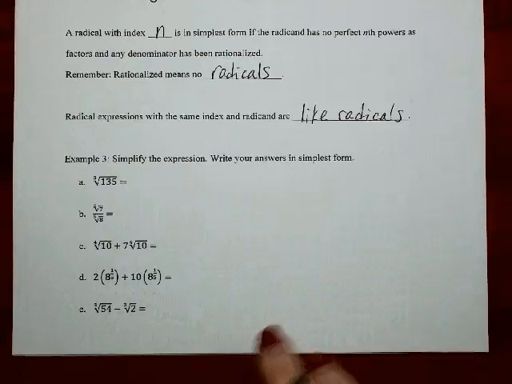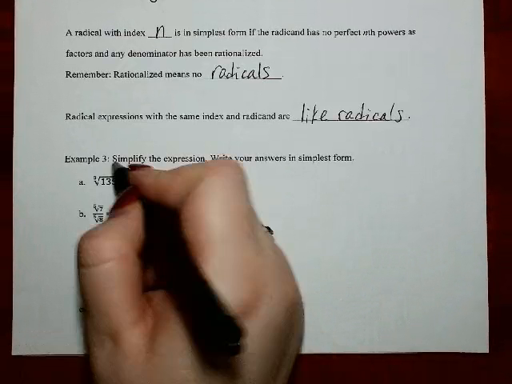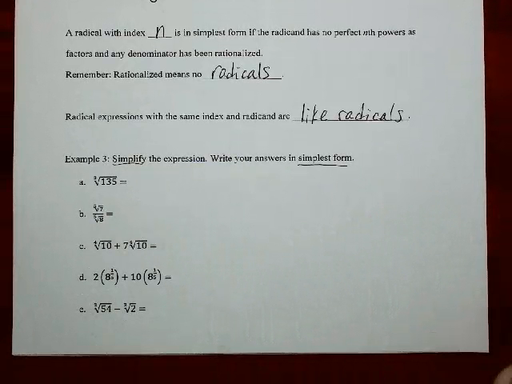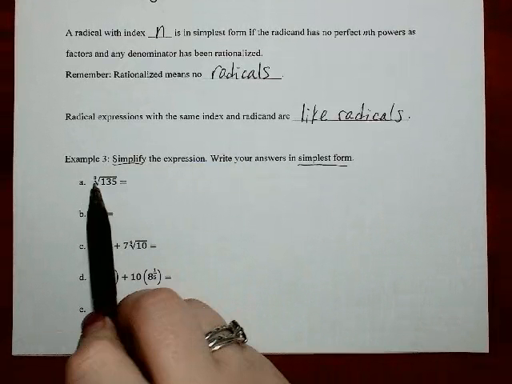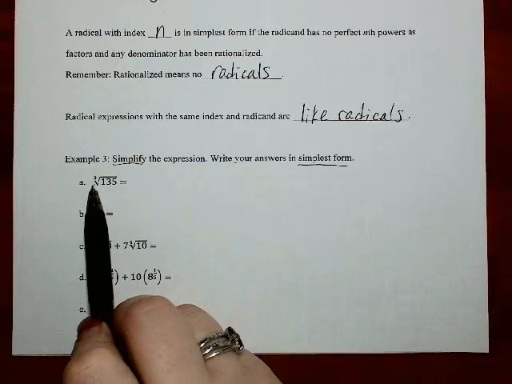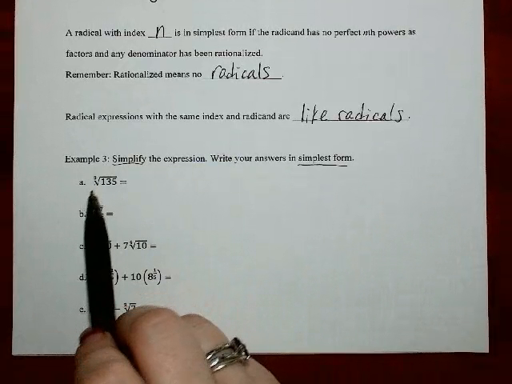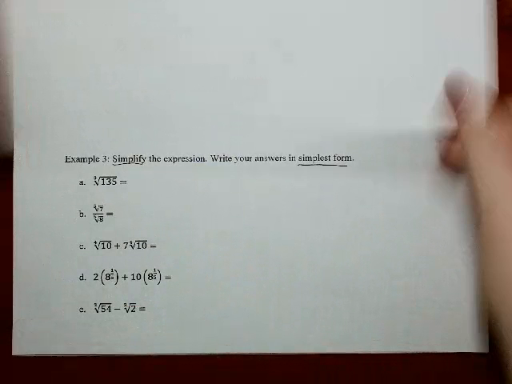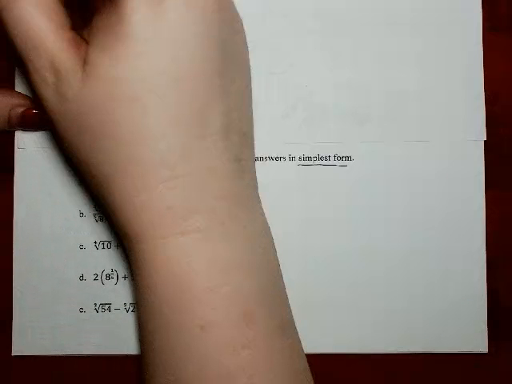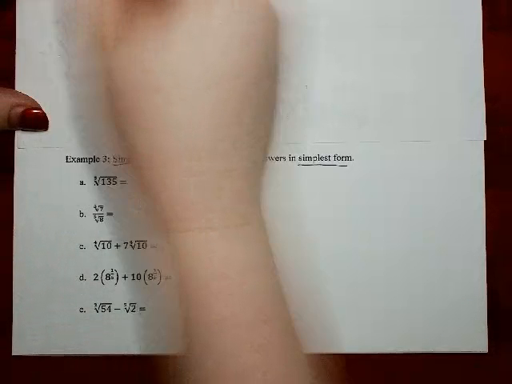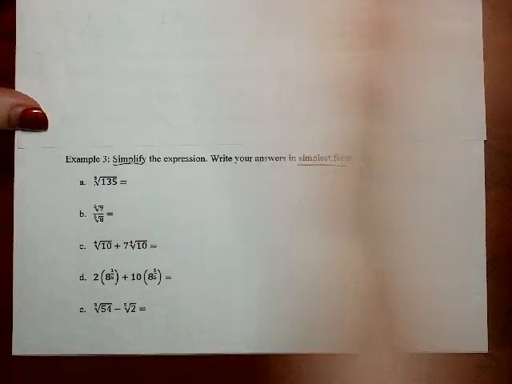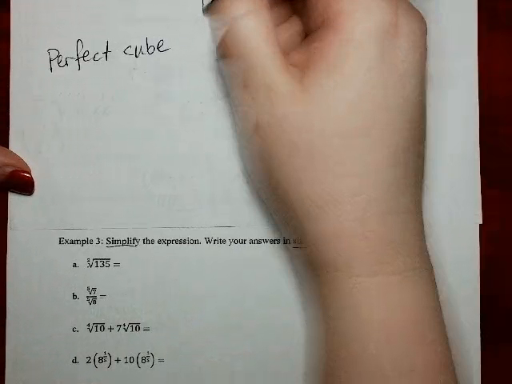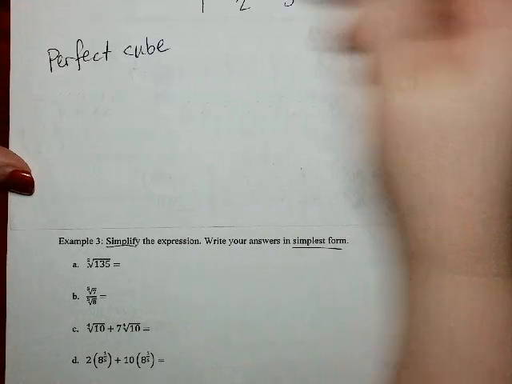Okay, so we are going to simplify completely. We're going to write it in simplest form. So we have an index of 3, so we're looking for any perfect cube that goes into that. I'm going to use some scratch paper here. A perfect cube is any number that has a perfect cubed root.